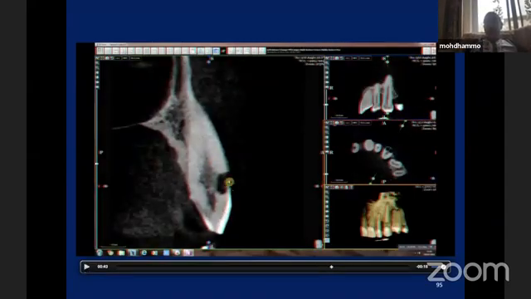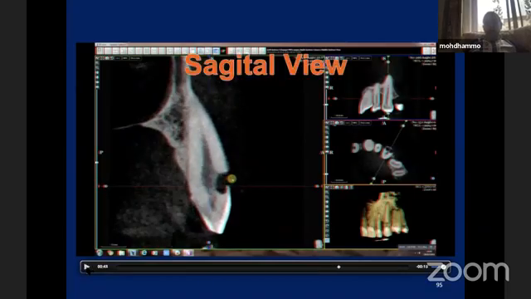When you look at the sagittal view here, you can know how much cervical resorption we have. This cervical resorption affected the pulp, and we now need to make root canal treatment.